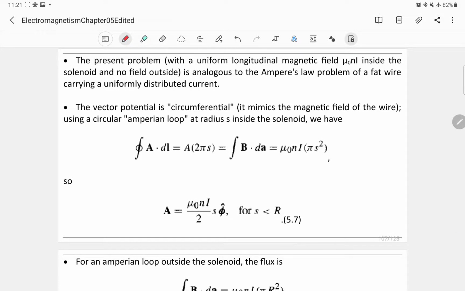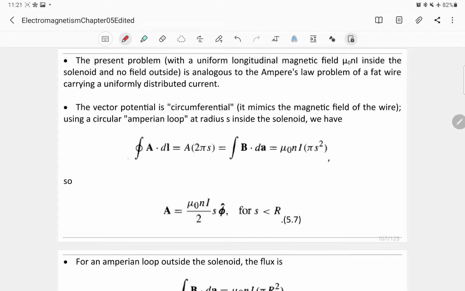This problem is analogous to the Ampere's law problem of a fat wire carrying a uniform distributed current. So here the vector potential is circumferential. It mimics the magnetic field of the wire using the Amperian loop with radius S inside the solenoid.